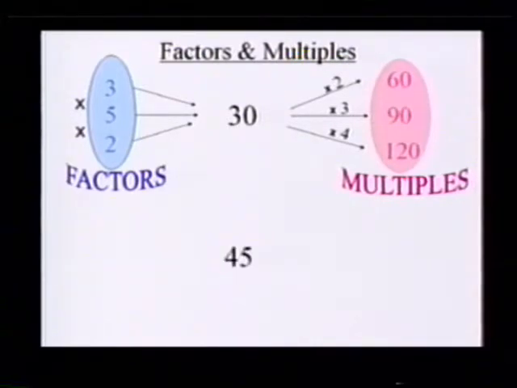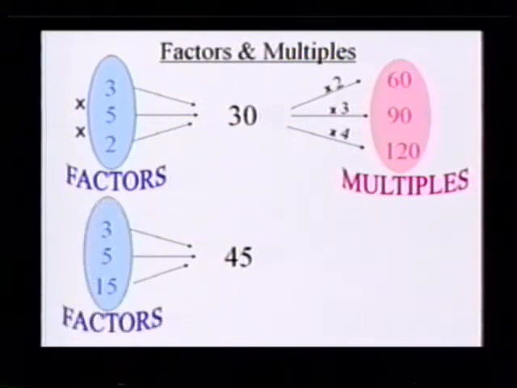What's a factor of 45? 3 goes into 45. 5 goes into 45. 15 goes into 45. 45 goes into 45. Okay? Various things. These are the things that go into a number. They're the factors.